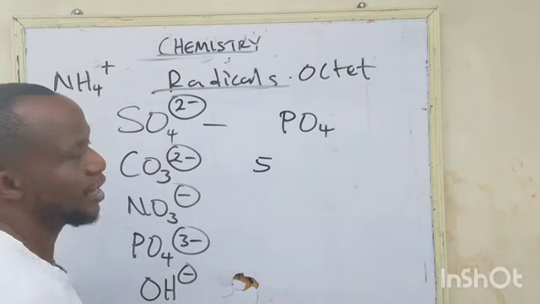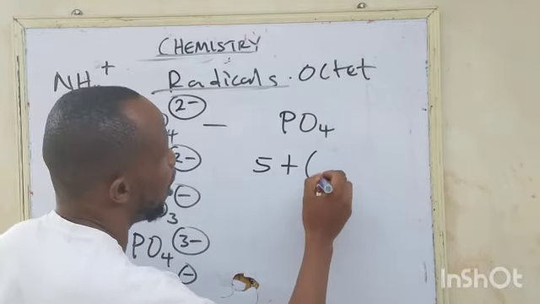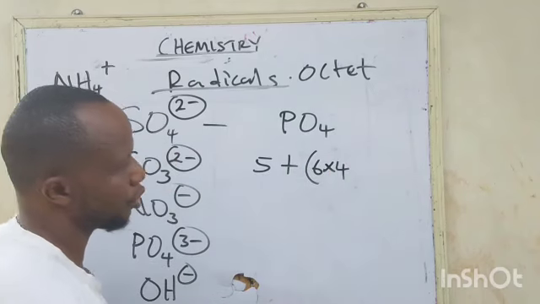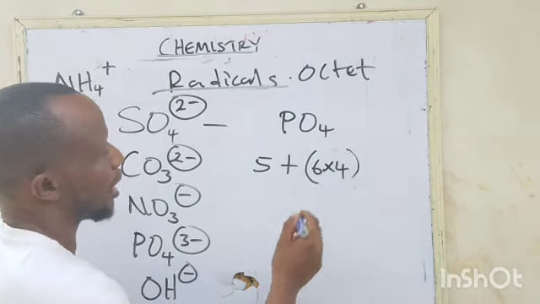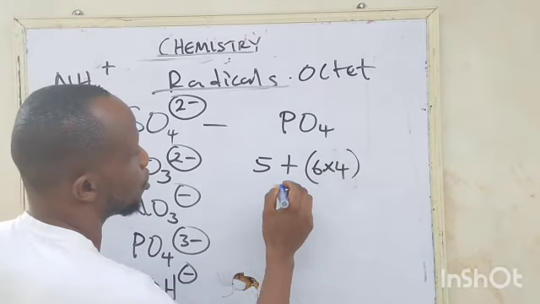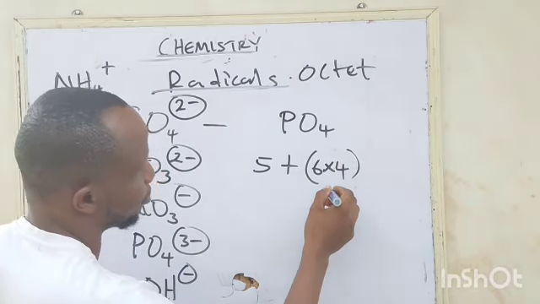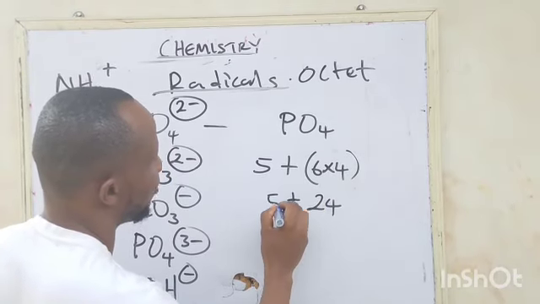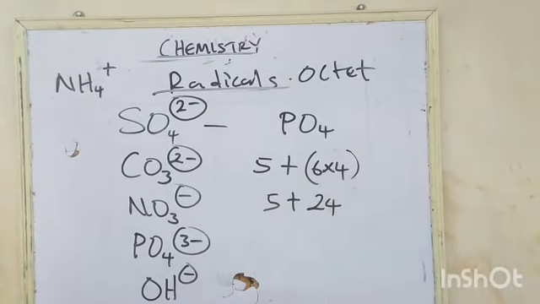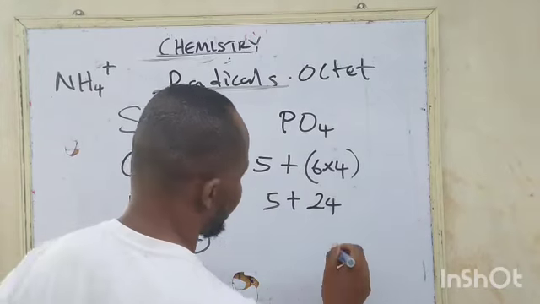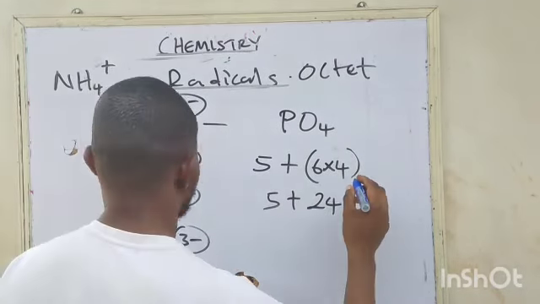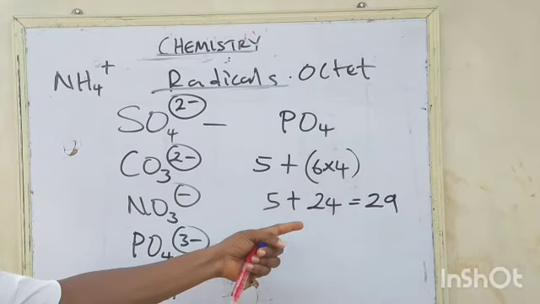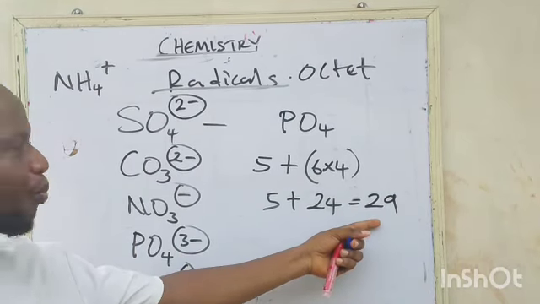We have 5 valence electrons plus oxygen, which is 6 times 4, this is 24. 24 plus 5 is 29.